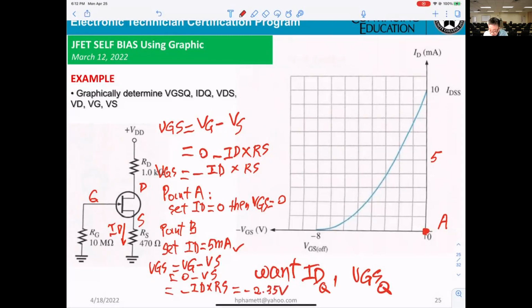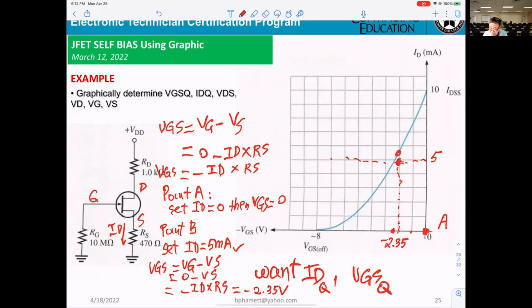Okay, so basically minus 1, minus 2, minus 2.35 maybe here, any point. Okay, you draw from the 5 here, 5 milliamp, draw the line. And draw the line from the minus 2 point. They will come up here.